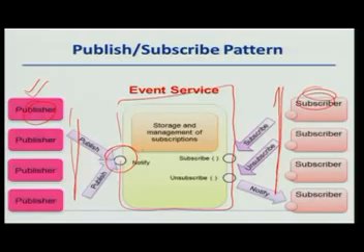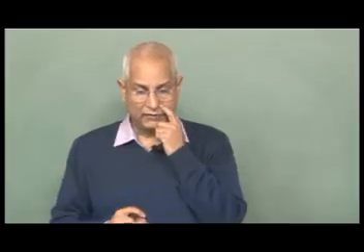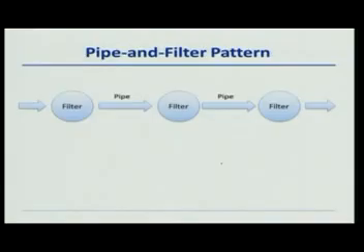Compilers. Suppose I take a compiler. So how does a compiler work? It takes a certain program and then it does parsing, right? It checks whether it is syntactically correct or not. Then it may do some semantic processing.